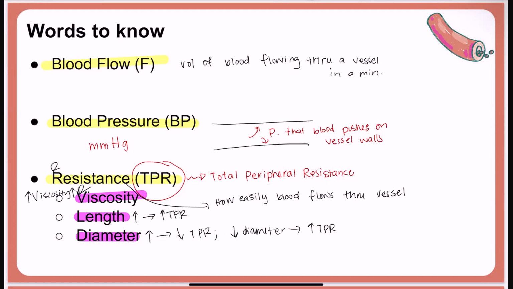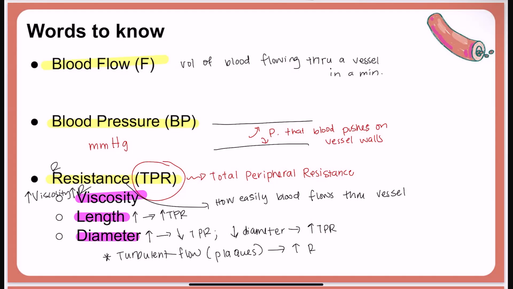So it's not as smooth because it's running into stuff. It's not supposed to run into that stuff. And that also increases resistance. So turbulent flow, maybe due to plaques in the vessel, also increases resistance.